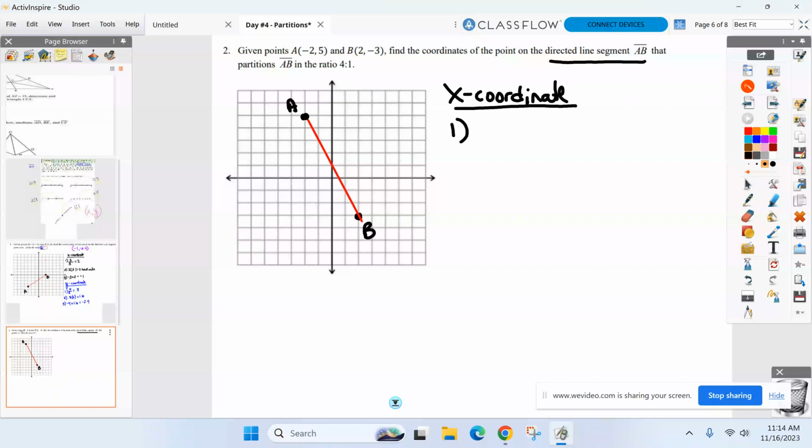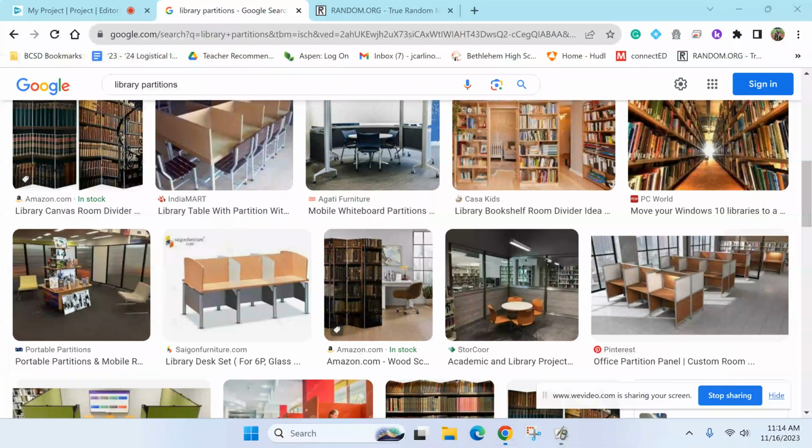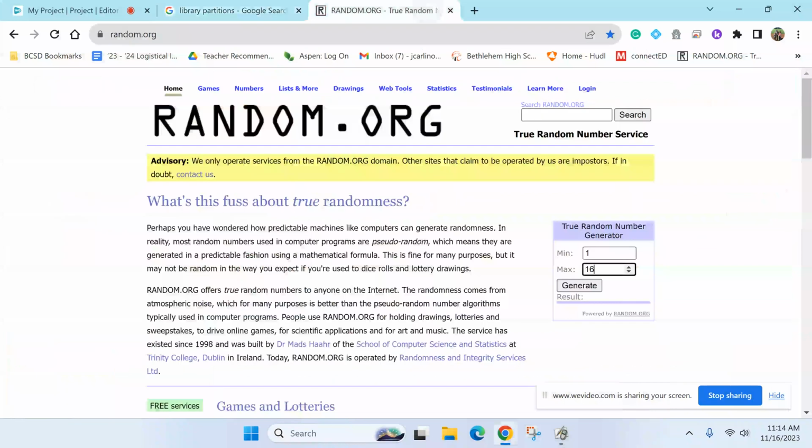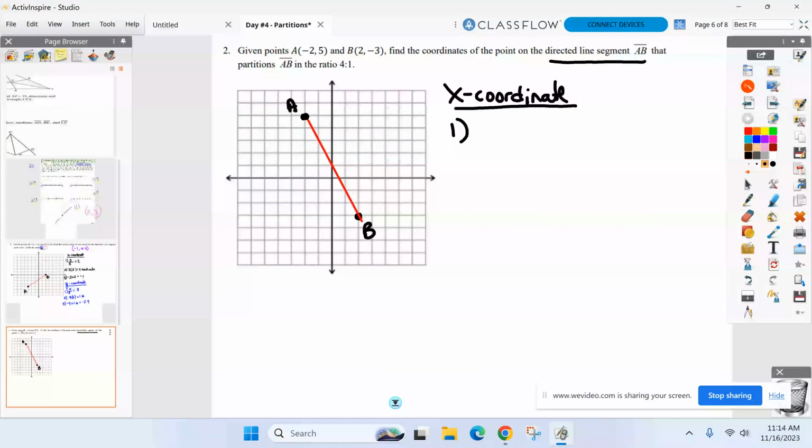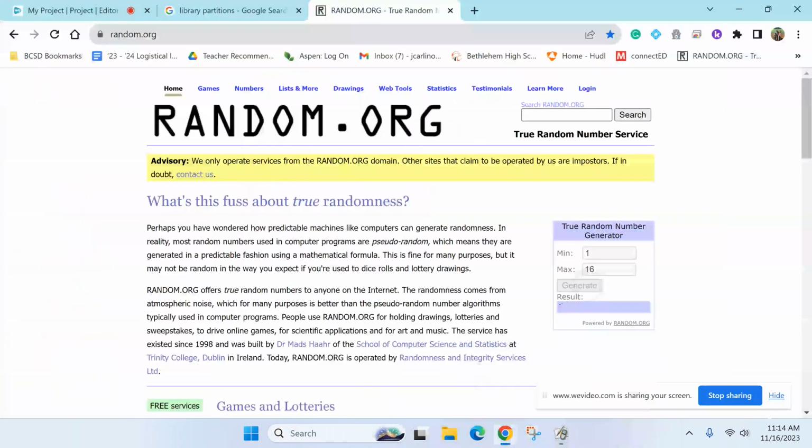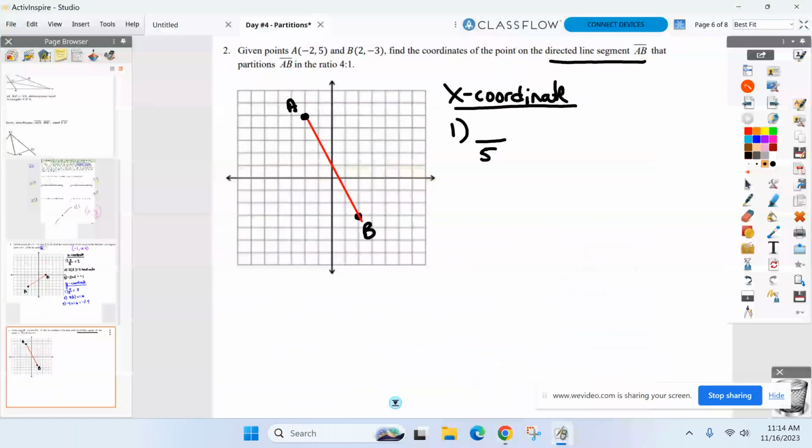First of all, how many equal parts do I need to break this up into if it's in a ratio of 1 to 4? Doyle, how many equal parts am I going to break it up into? 5, right? All right, so let's start on the x-axis. How far apart are your x-coordinates for A and B? Gianna, how far apart are they? 4 units. Good job. So 4, cut that into equal parts of 5. Again, not going to be pretty every time. I'm going to go 0.8 now.